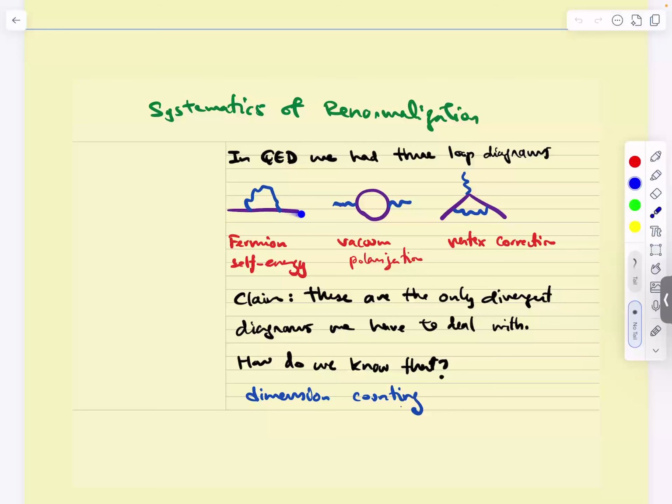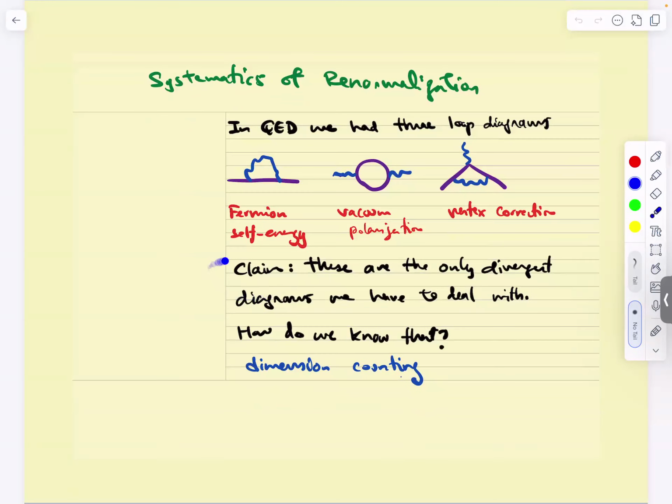We had the renormalization of the fermion propagator, which was the fermion self-energy. We had the vacuum polarization, which was the renormalization of the photon. And then we had the vertex corrections. These were the three one-loop diagrams that we discussed very briefly at the end of QFT1. And then we made a claim.